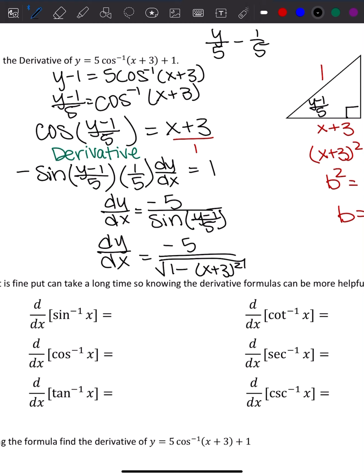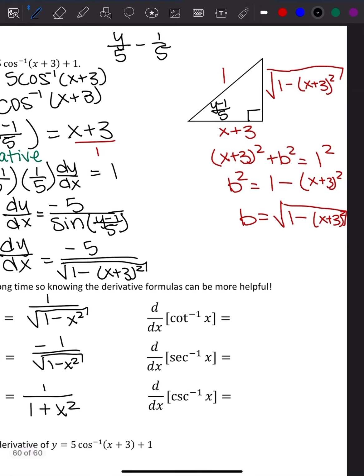The first one being sine. The derivative of sine inverse of x is 1 over the square root of 1 minus x squared. Cosine inverse is the exact same except for negative 1 over the square root of 1 minus x squared. Tangent inverse, 1 over 1 plus x squared.